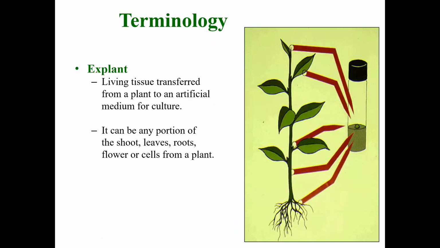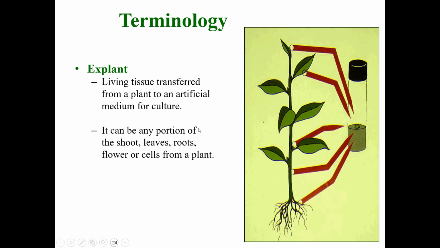Some terminologies are important here. On our right hand side, you can see a plant: from root, shoot, apical bud, leaf, or apex, you can cut a small part and grow it in this test tube containing the media. So the small part, a living tissue, transferred from a plant to an artificial medium for culture, is called an explant.